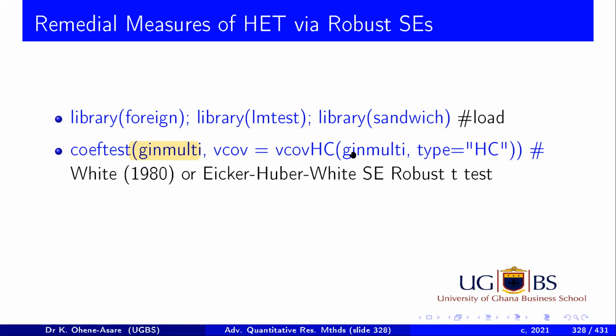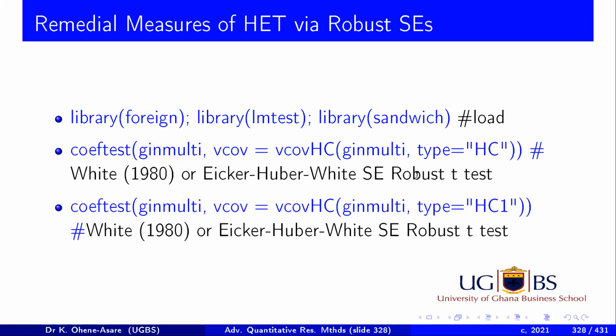The type that we are going to use is called HC, and later on you see that there are HC0, HC1. These are different kinds of the standard errors that we tend to use, and this is the White standard error, also called Eicker-Huber-White robust standard errors. So that is it.